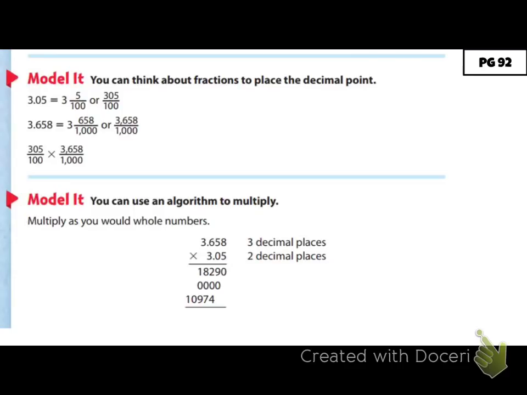And then you could also show whole numbers, as it shows in the bottom, model it using an algorithm to multiply. So you could just multiply it out, count the places behind the decimal, add them, and then move the decimal over that many places.